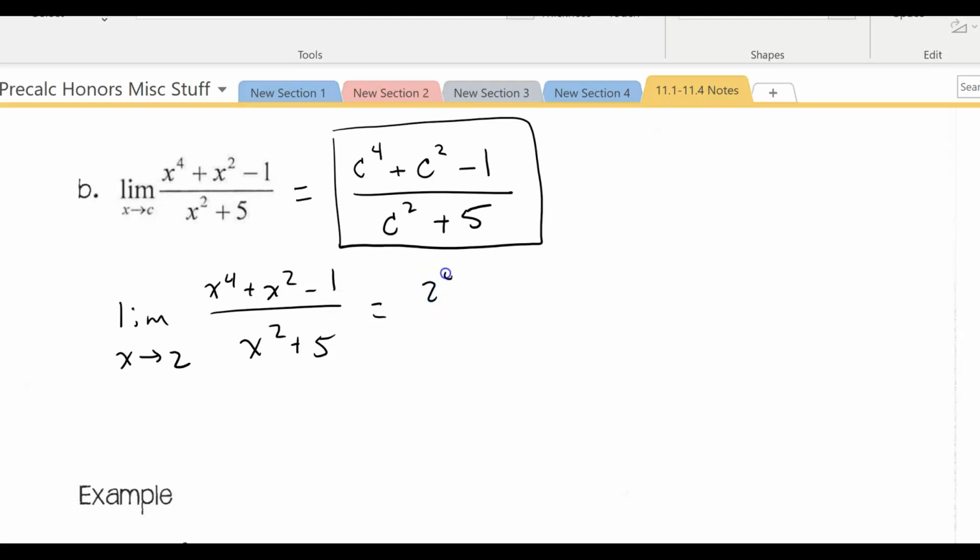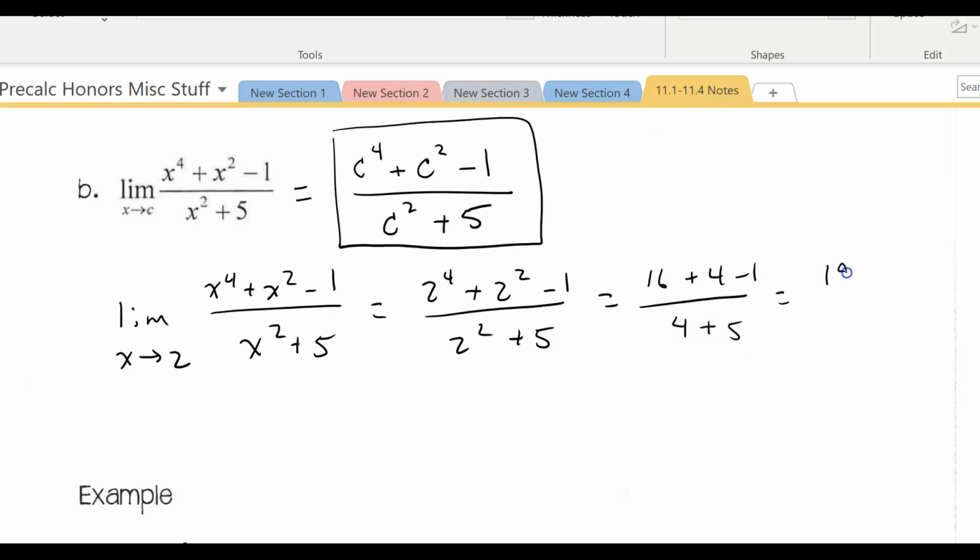We have 2 to the 4th plus 2 squared minus 1 over 2 squared plus 5. So that would be 2 to the 4th is 16 plus 4 minus 1 over 4 plus 5. So that would be 19 over 9. So the limit of this function as we approach 2 would equal 19 ninths.